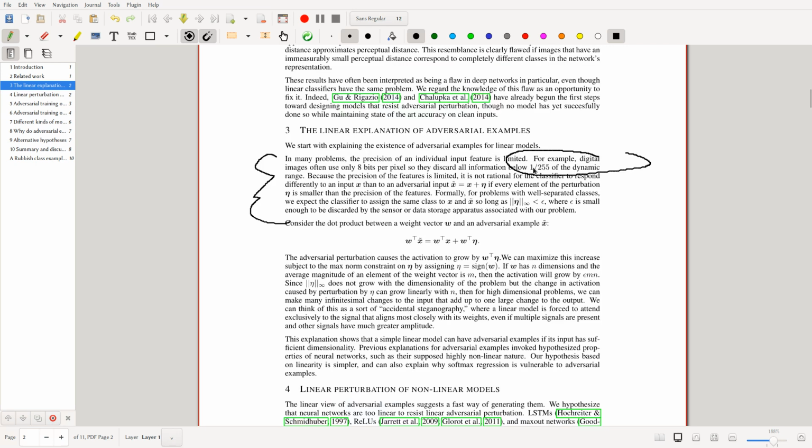So the idea is that digital images often only use 8 bits per pixel, so they can only hold 256 values, going from 0 to 255, right? So there are only 256 possibilities.